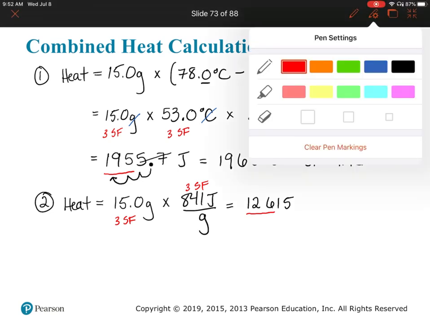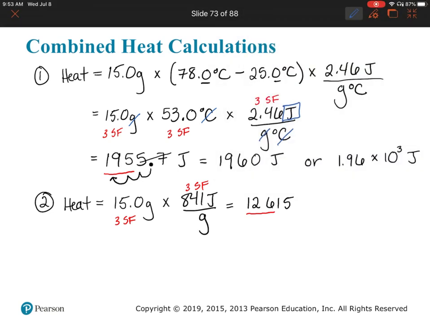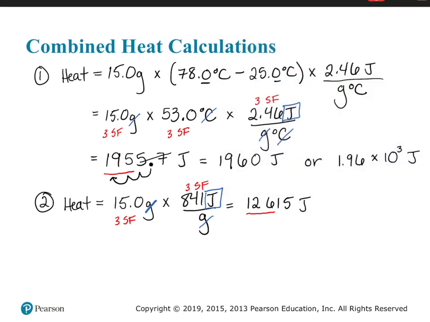And what about our units? What's our final unit? Joules. So grams cancel, and we're just left with joules. Okay. Now, again, there's 2 different ways that we could write this value.